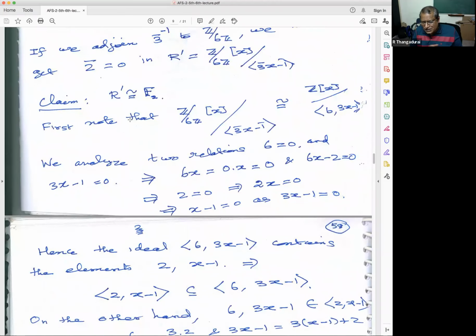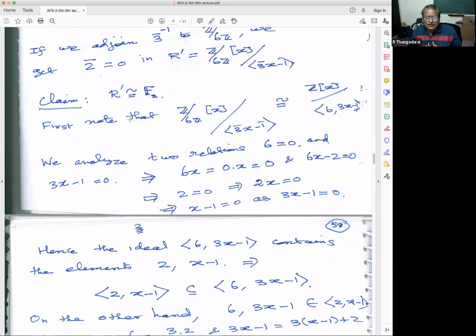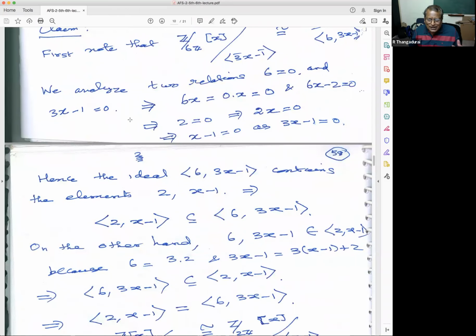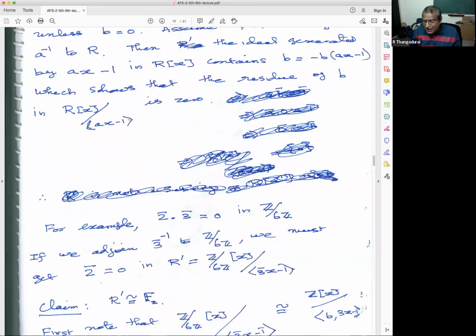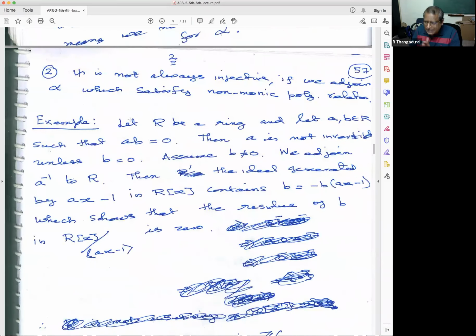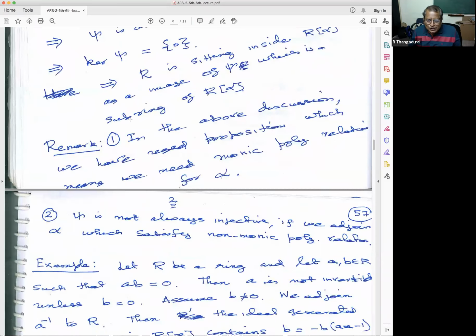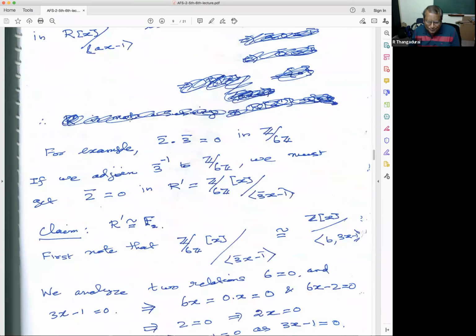It is not even inside, it has nothing to do with it. But the point is, when we take a monic relation, the ring is sitting inside. So this is the catch.